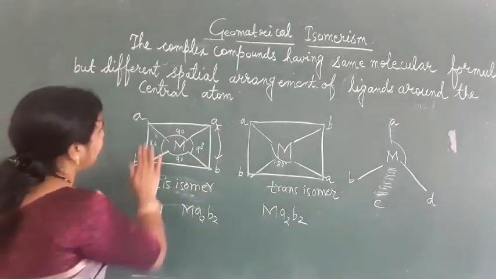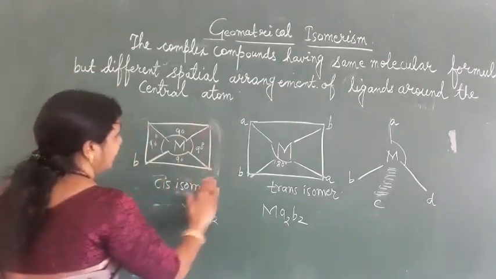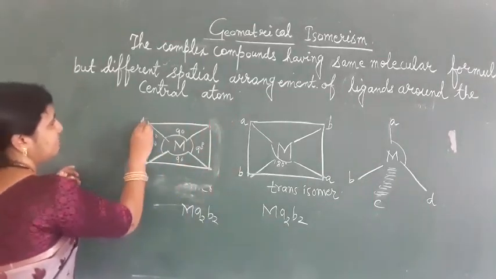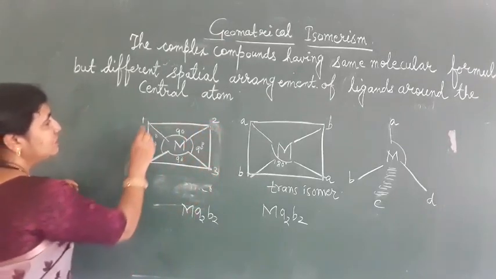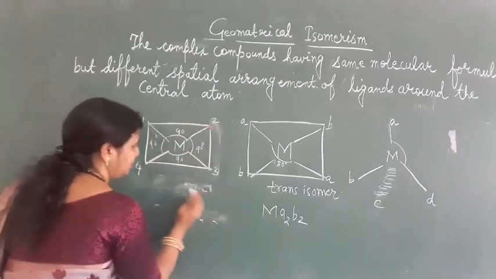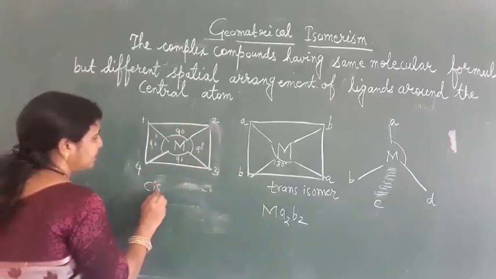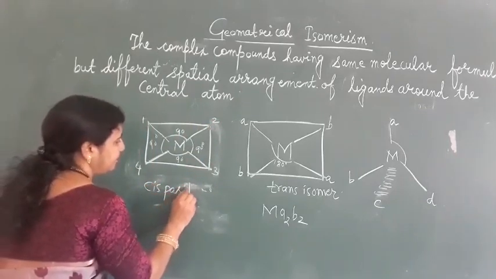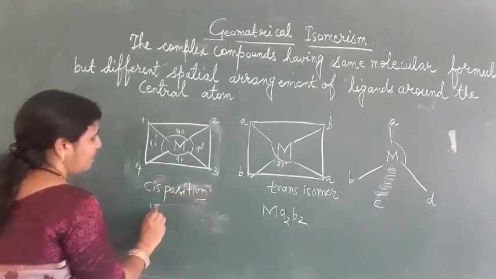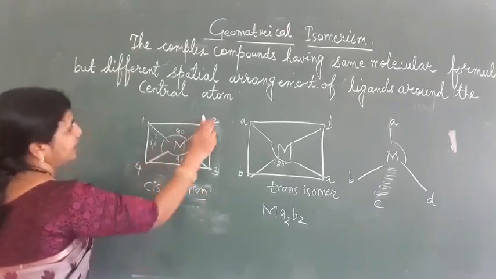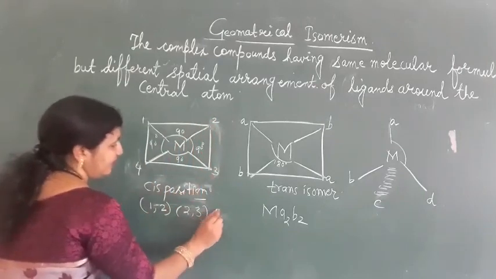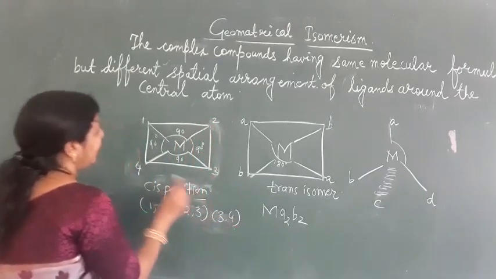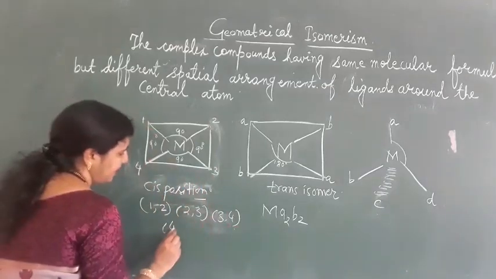If we give these numbers, this is 1, this is 2, 3, and this one is 4. So what are the cis positions? 1 and 2 is a cis position, 2 and 3 is a cis position, 3 and 4 is also a cis position, and 4 and 1 also a cis position.